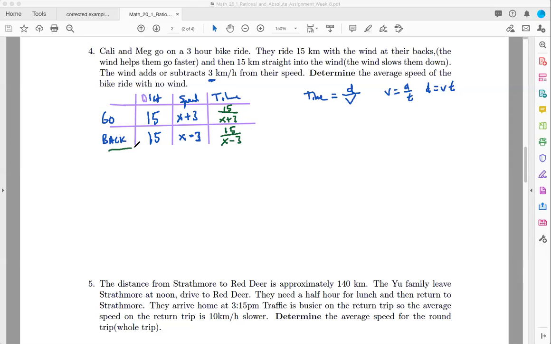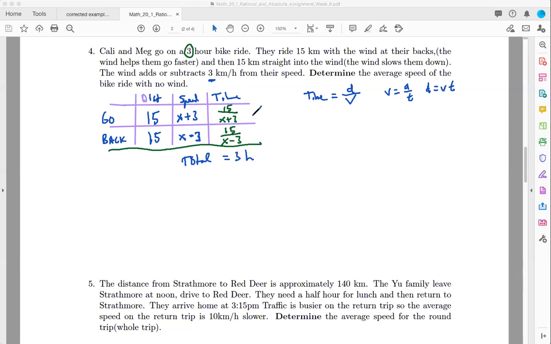Now, here is the final tally: in some cases, it will tell you about the distance. There might be information about the speed, but mainly it'll be information about the distance or time. In this case, they went on a 3-hour bike ride. So that means that the total time here was equal to 3 hours.